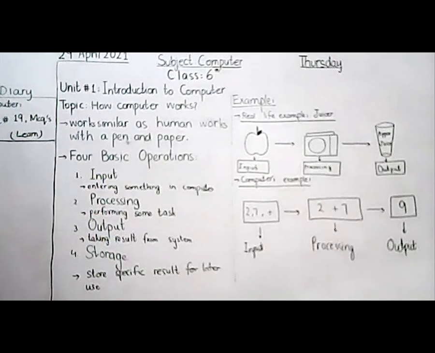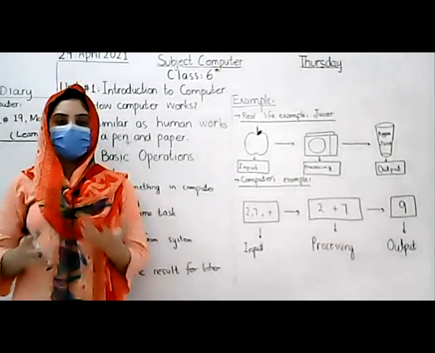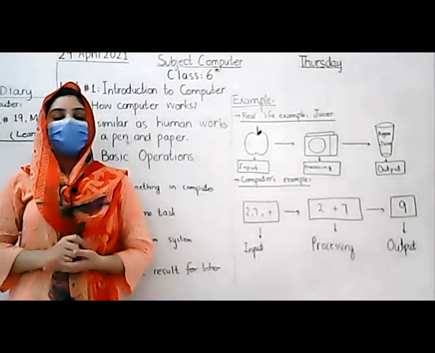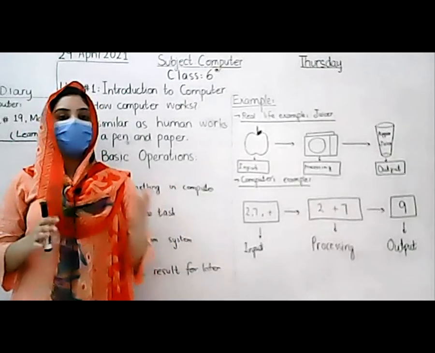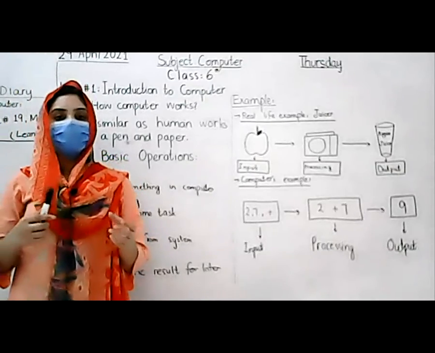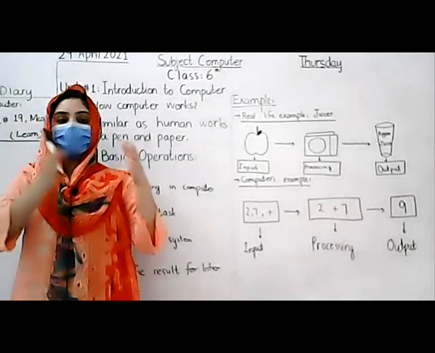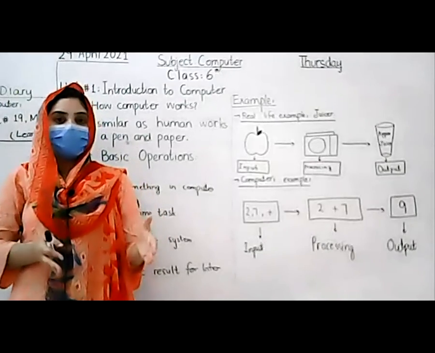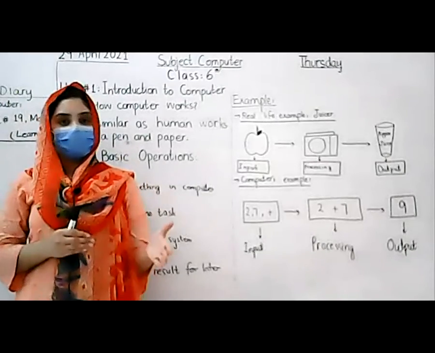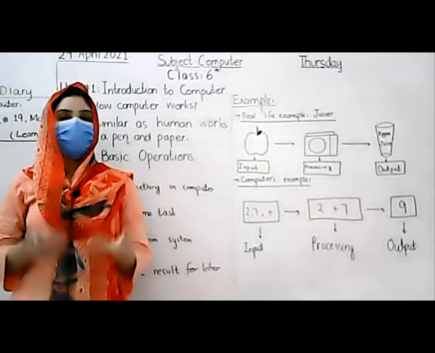First of all, we know that a computer always works like a human being. For example, if you want to do a task, first of all you will get an input, then you have to process it, meaning perform on it, and after that you will get the result. For example, take an example of writing an essay.